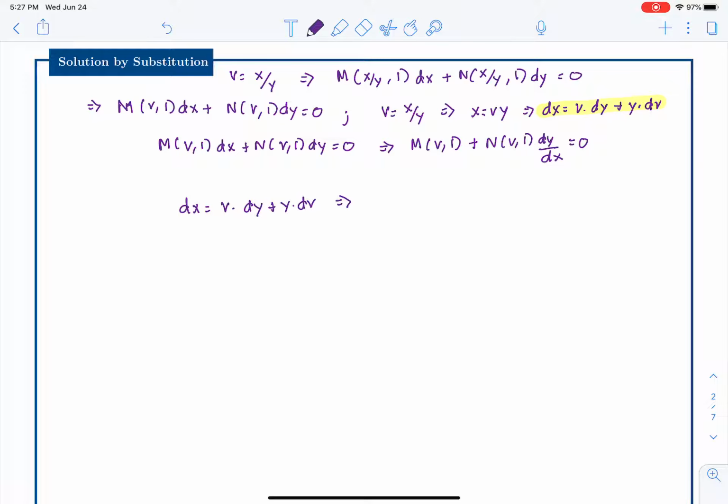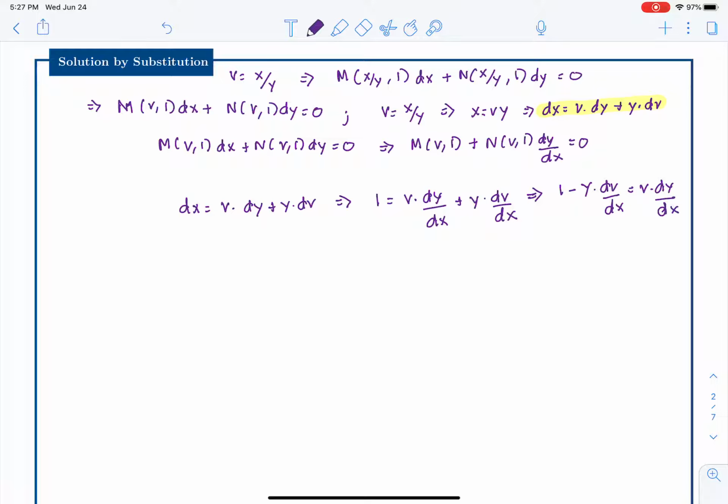Divide by dx on both sides, so you have 1 equals v times dy over dx plus y dv over dx, and we take that and solve for dy over dx. We have 1 minus y times dv over dx equals v times dy over dx.